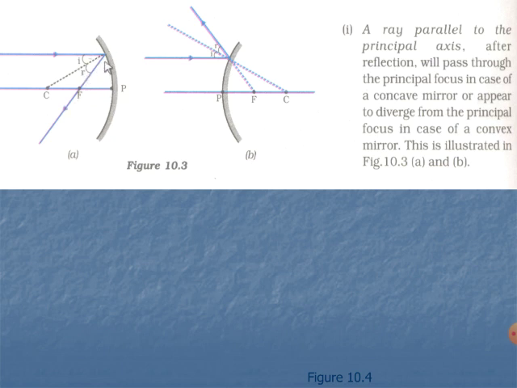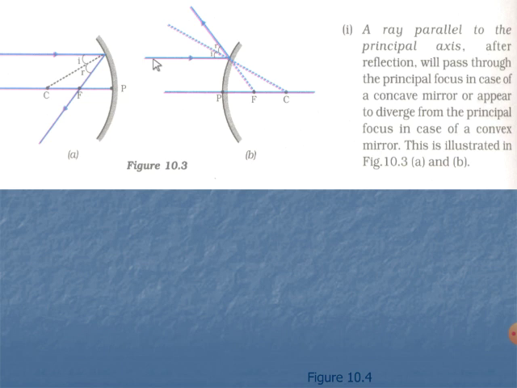But in the case of a convex mirror, a ray parallel to the principal axis, after incidence onto the convex mirror, the reflected ray seems to be coming out from the focus. Actually, light cannot pass to this side, right? This is the silvering side, and this is the reflecting or viewing side.